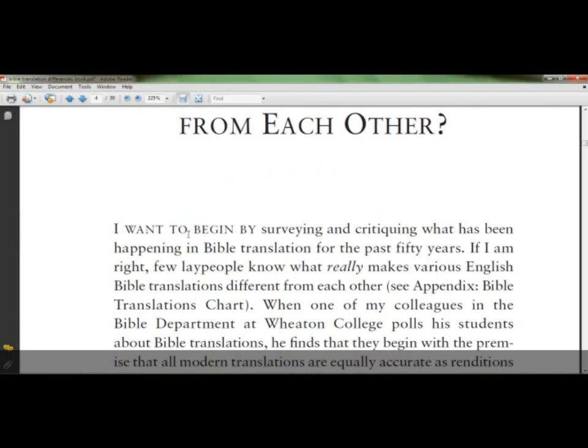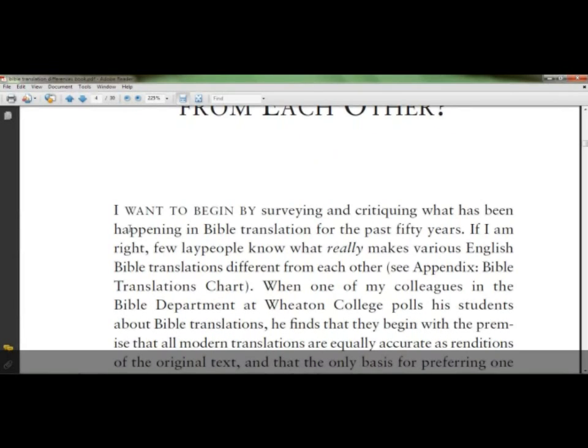And he says this, that I want to begin by surveying and critiquing what has been happening in Bible translation for the past 50 years. If I am right, few lay people know what really makes various English translations different from each other. See Appendix, Bible Translations Chart.